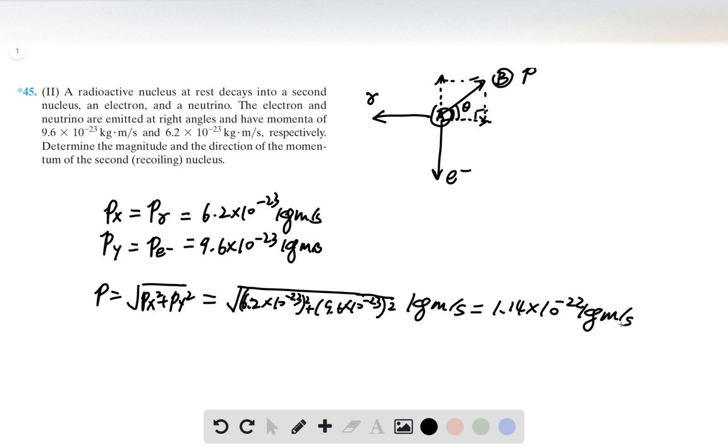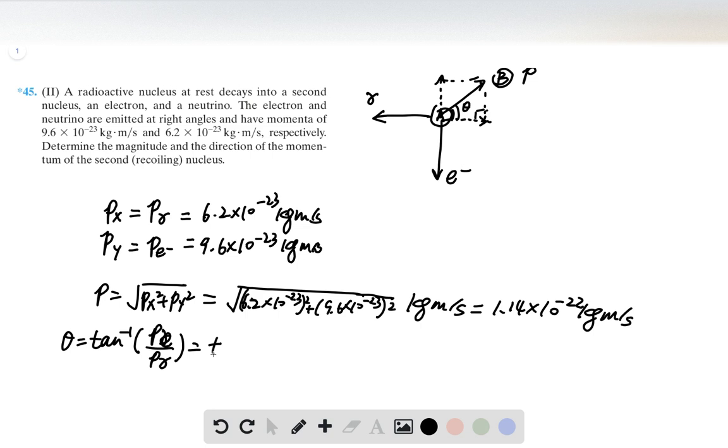What about the angle? For theta, we can find the tangent of theta. Theta equals arctangent of the momentum of the electron over the momentum of the neutrino.